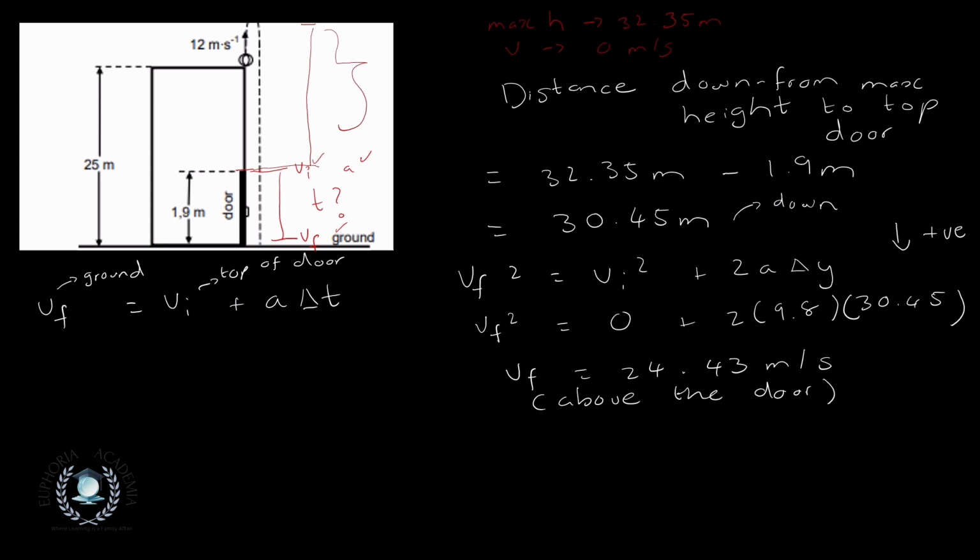Our Vf is equal to 25.18 as we got in the previous question. Our Vi is 24.43, and this is pointing downwards. Our acceleration is 9.8, and we're trying to find our delta t.